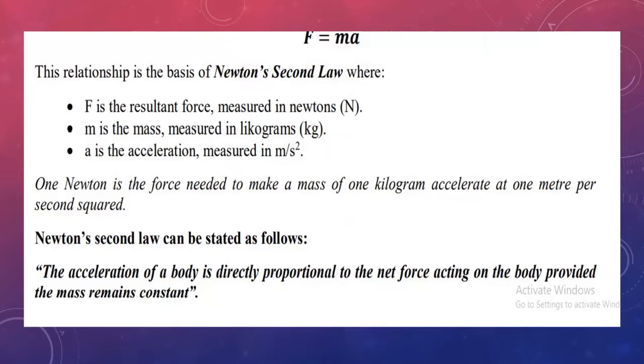F refers to the resultant force or net force, m is the symbol of the mass of the object, and a is the acceleration. What is the statement of this law, which relates the resultant force and the acceleration of any object?